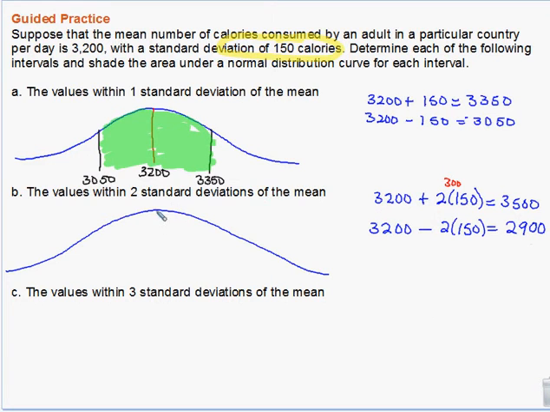Now I'm going to put in the points that I had before. My mean was at 3,200. My first standard deviation was at 3,350 and 3,050. Then my next one, I have 3,500 and 2,900.